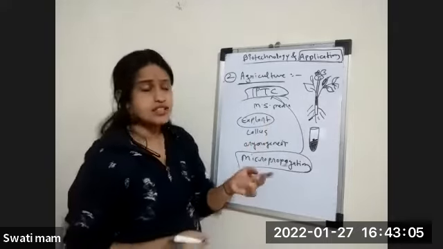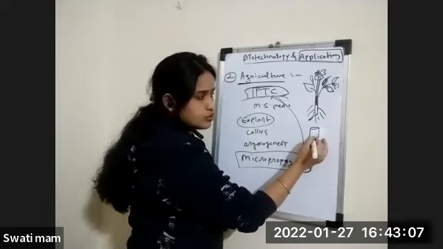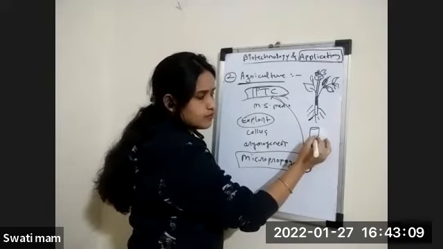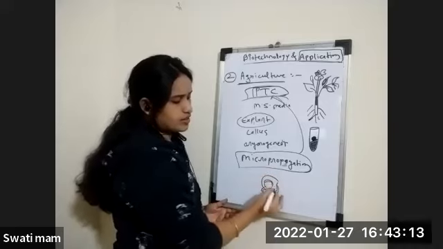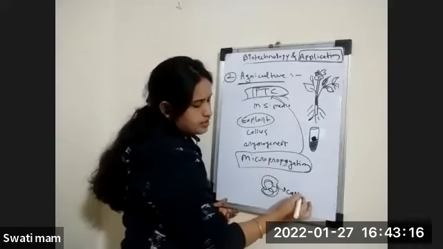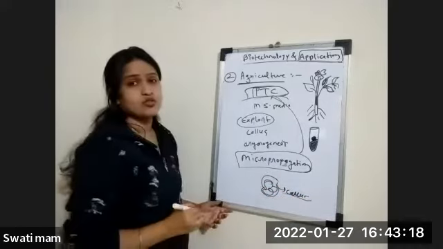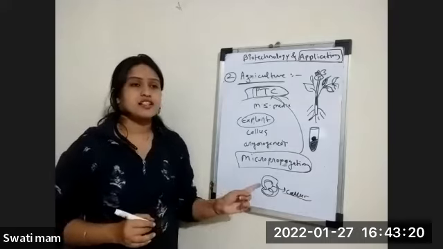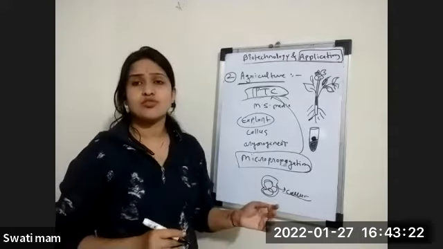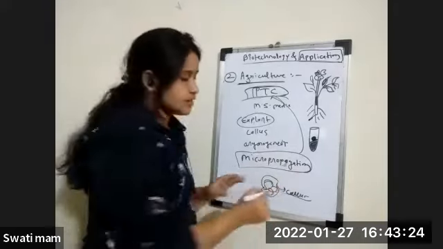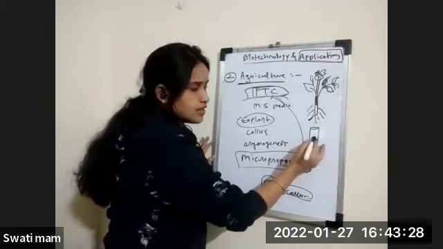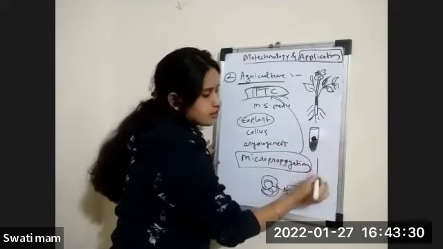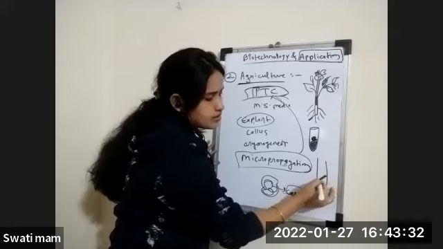After 8 days this explant grows into a broad, circular, abundant growth like structure, and that is nothing but the callus. So what is callus? Callus is nothing but the undifferentiated growth from the explant, that is called callus.